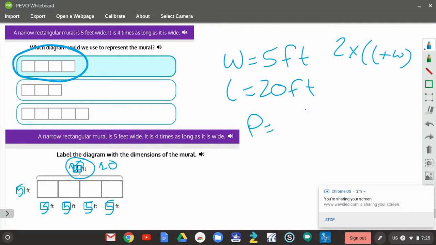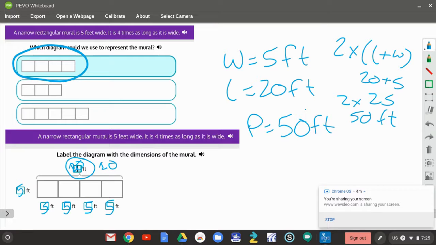So if my length is 20, my width is 5, that's 25. 2 times 25, I just double 25, is 50 feet. So my perimeter for that one is 50 feet.